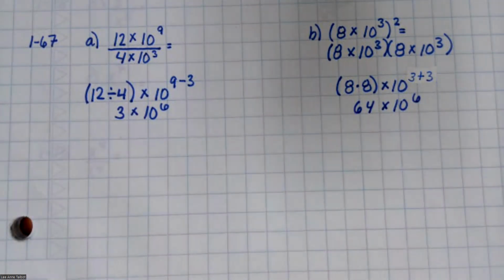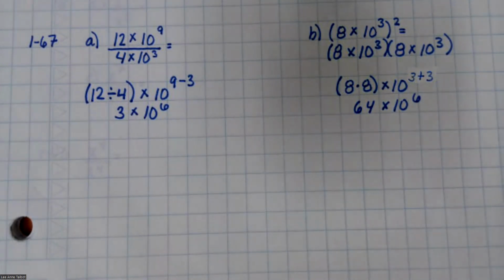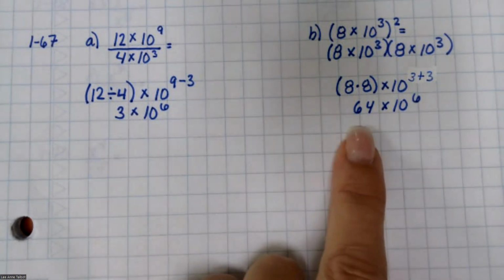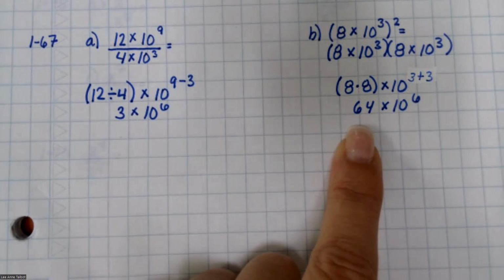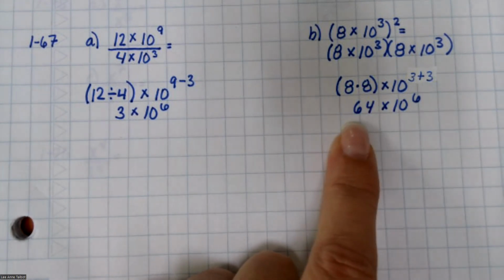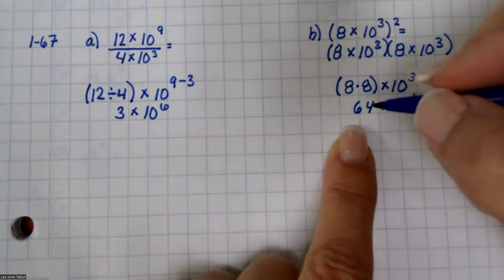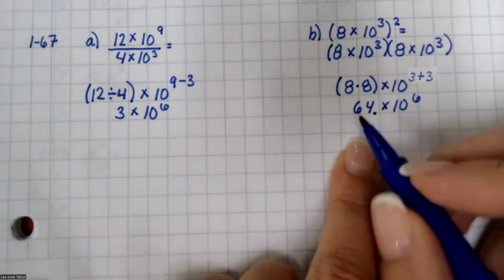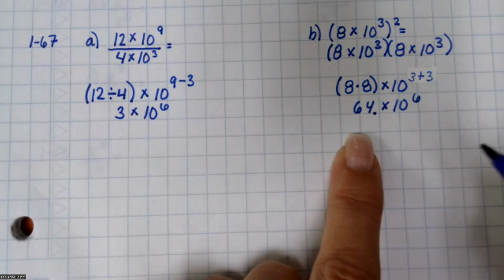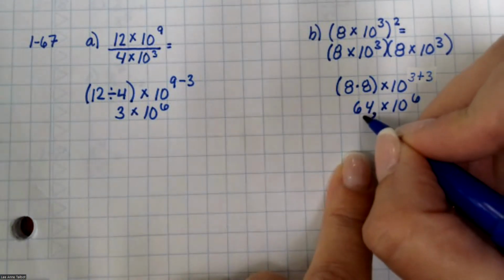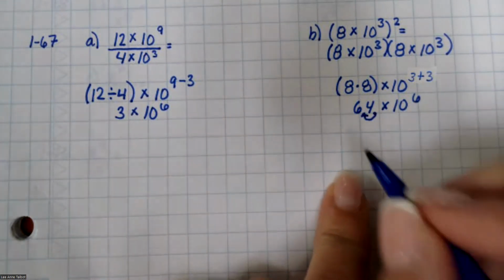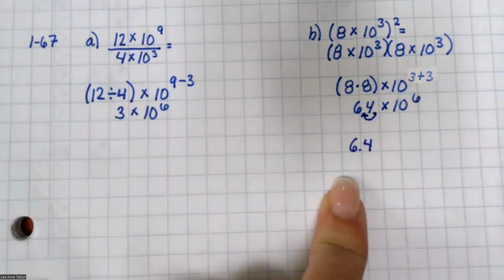Okay, but this problem is not done. We want it to be done real bad, but it's not. In scientific notation, the number in front has to be between 1 and 9.9 repeating. This number is too big, it's 64. Have you guys ever done this before? Middle school, no? Never seen scientific notation before in your life? Okay, so what you're supposed to do is take the decimal after 64 and move it here. So this becomes 6.4.